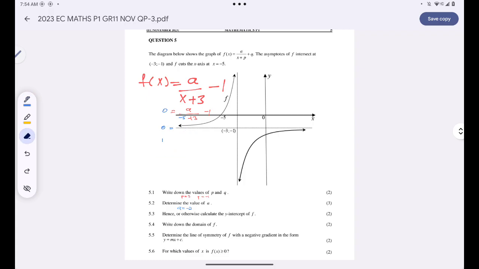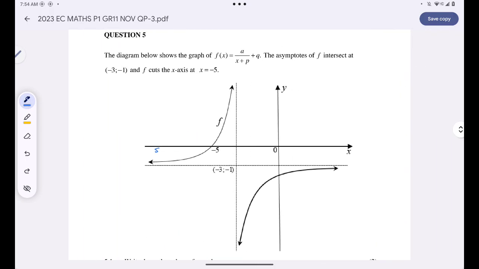Okay, now to hence or otherwise calculate the value of the y-intercept. I know that my equation will simply say f of x is -2 over x plus 3, minus 1, right? So for me to find the coordinates of the y-intercept, I just need to make x 0 and solve for y.